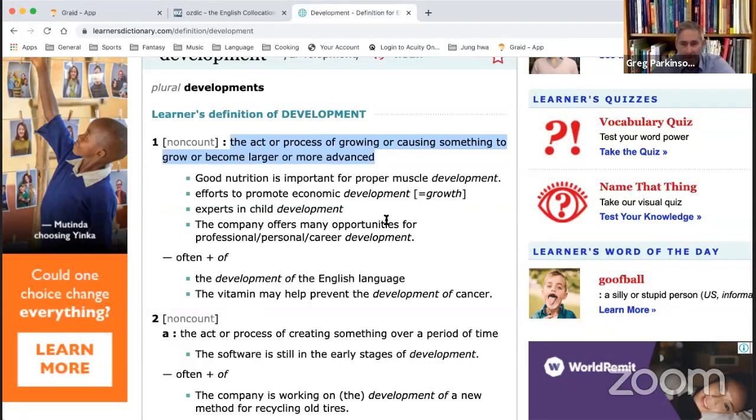And you're also given some examples of whole sentences or phrases where it is used, right? Now, so child development, for example, would be a collocation, right? Muscle development. So a lot of you probably already know some great collocations naturally, but I just wanted to point out ways that you can try and develop more.